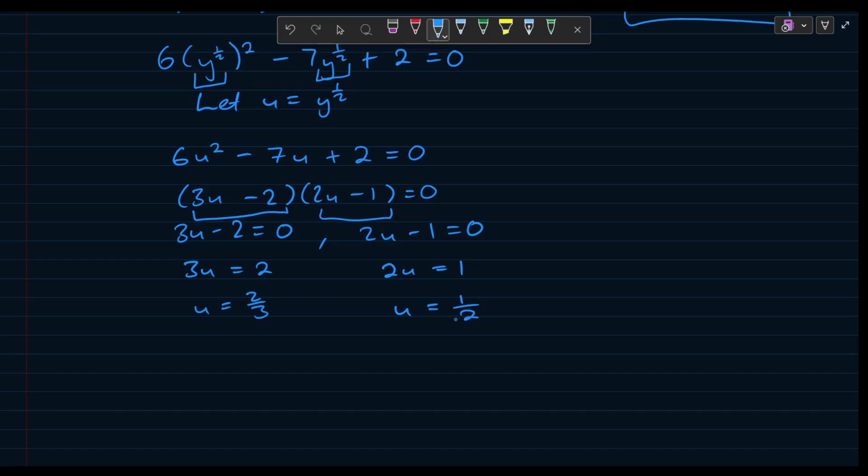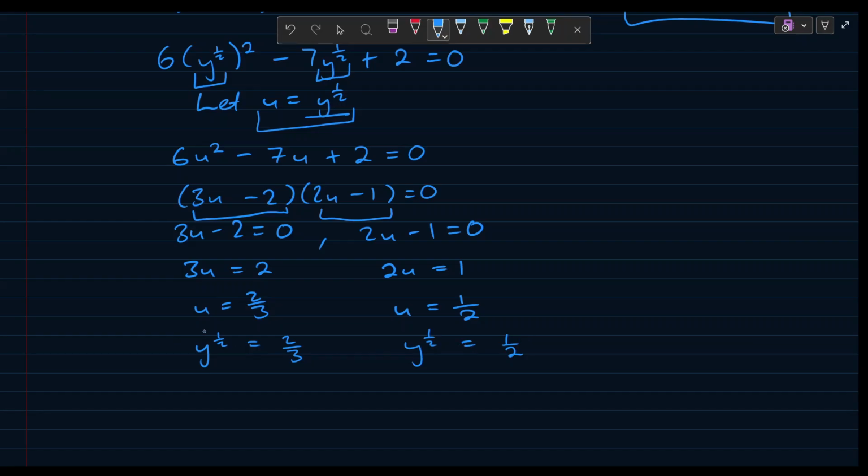Now that we have found u, we need to reverse our substitution so that we can find y. So this means y to the power half is equal to 2 over 3, and we also get that y to the power half is equal to 1 over 2.